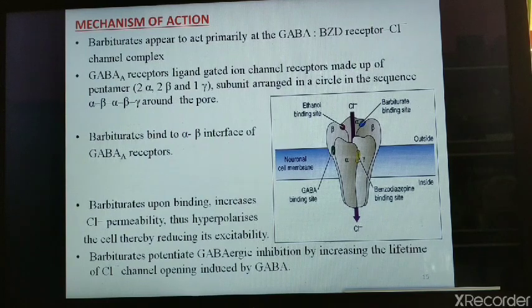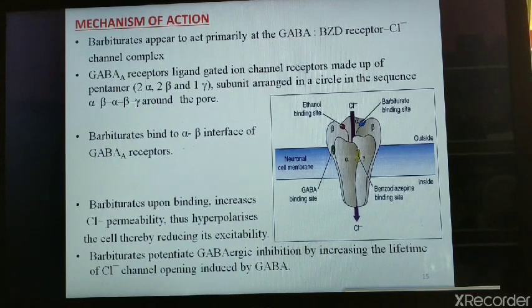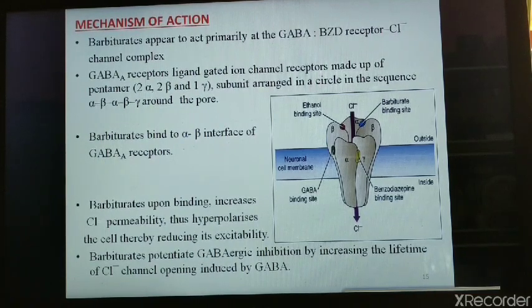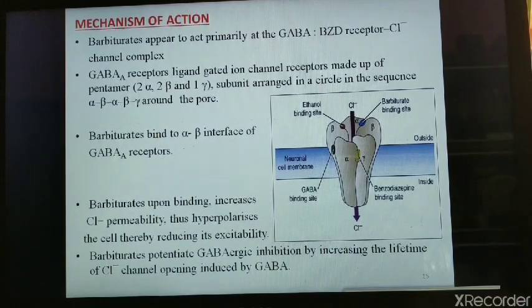Now, the site of binding of benzodiazepines and barbiturates differ. Benzodiazepines, as we have just studied, bind to the alpha-gamma interface, whereas barbiturates bind to the alpha-beta interface of GABA A receptors.